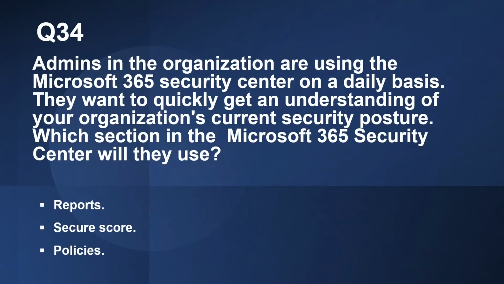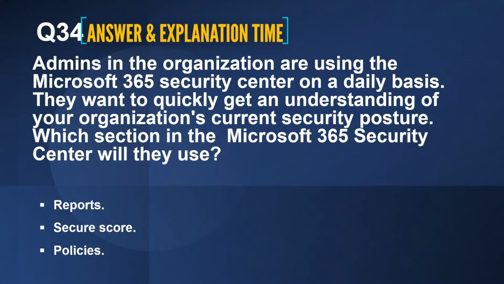The options are Reports, Secure Score, Policies. The correct answer is Secure Score. Secure Score in the Microsoft 365 Security Center will give you a snapshot of your organization's security posture and provide you with details on how to improve it.